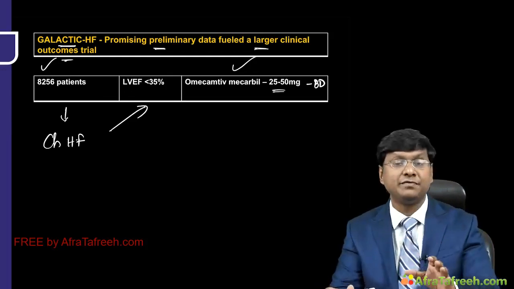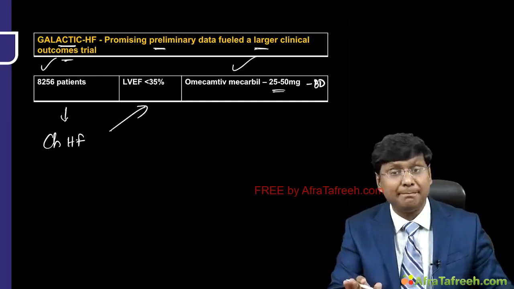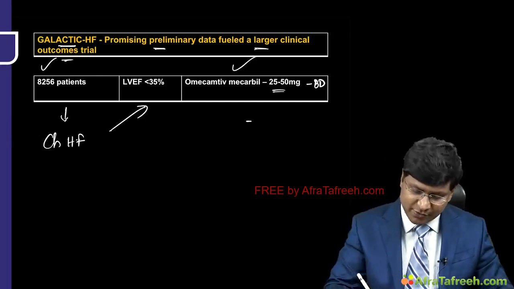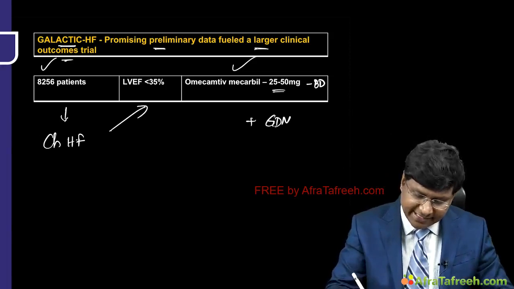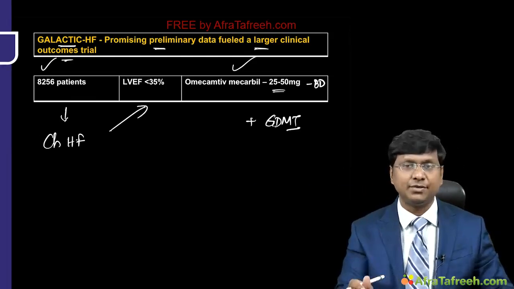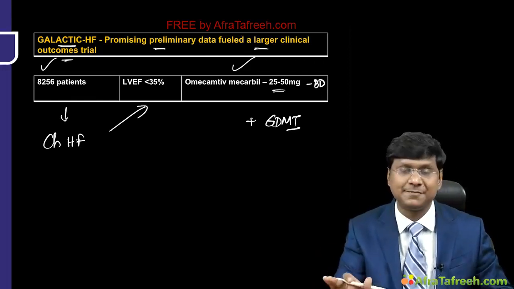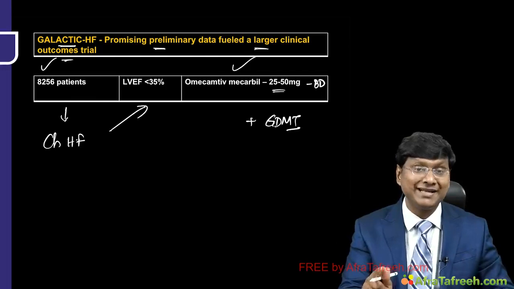To the other patients, only placebo was given. This was given along with guideline-directed medical therapy, that means beta blockers, ACE inhibitors or ARBs, mineralocorticoid receptor antagonists, and the rest was going on. Along with this, omecamtiv mecarbil was given, and this study continued.